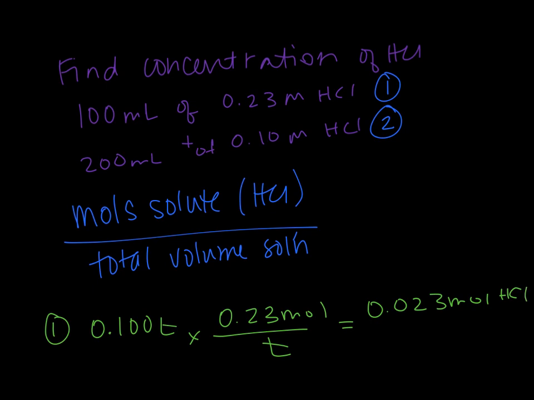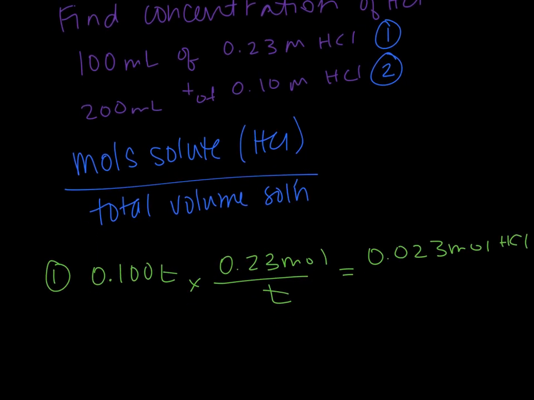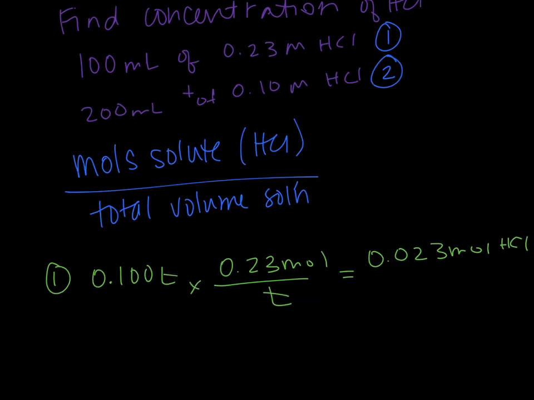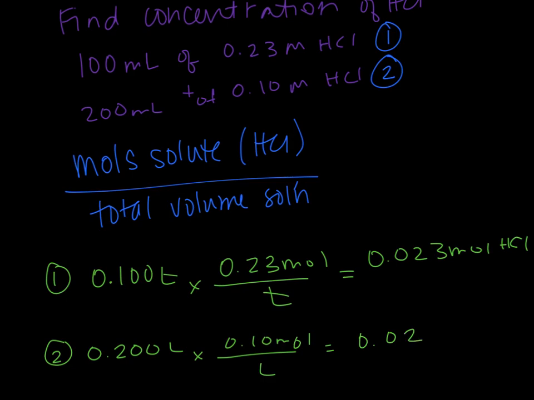That's the first solution. Okay, in the second solution, I've got 0.200 liters, and it's 0.10 moles in every liter. And so that's 0.02 moles of HCl.